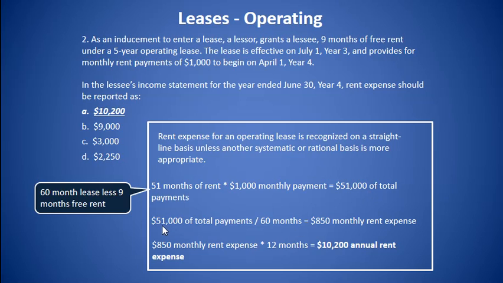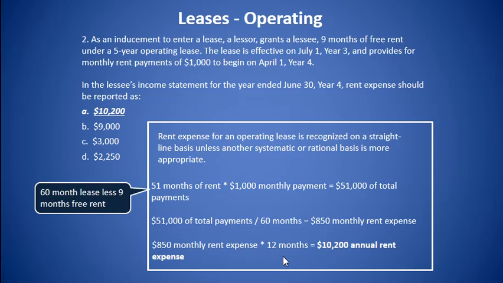So we take the $51,000 of total payments over the life of the contract, we divide it by the 60 months of the rental contract, which means that we're going to have an $850 monthly rent expense every month. If we take the $850 monthly rent expense and multiply it times 12 months, we come up with $10,200 annual rent as our rent expense.